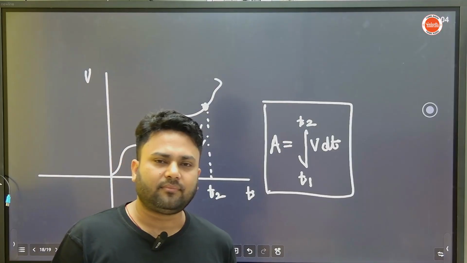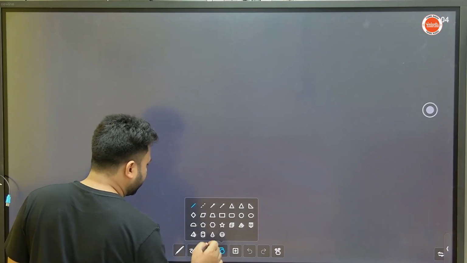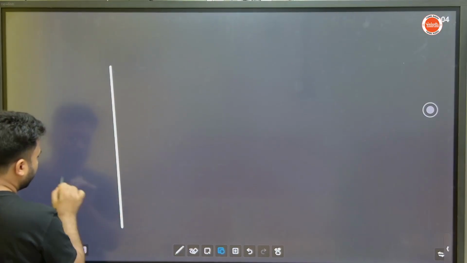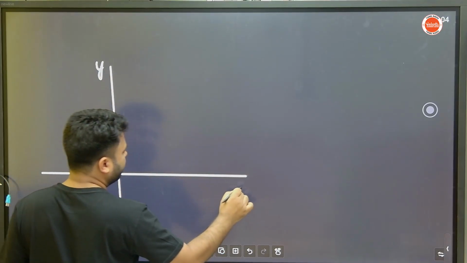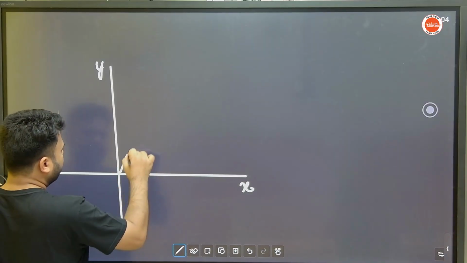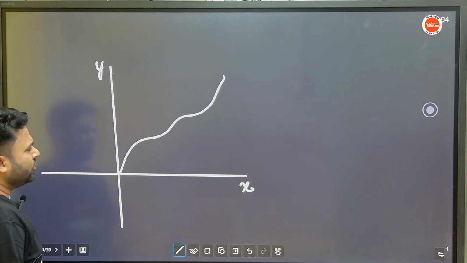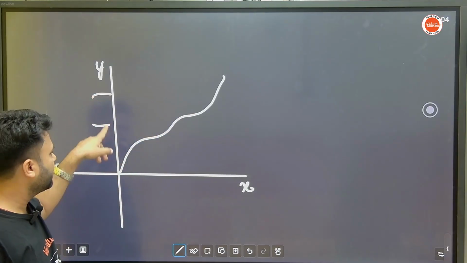Okay. One more thing they told. Suppose again, same thing, that this is a y versus x graph, and the graph is like this. You can see the y value is changing. If the x value changes, the y value also changes.